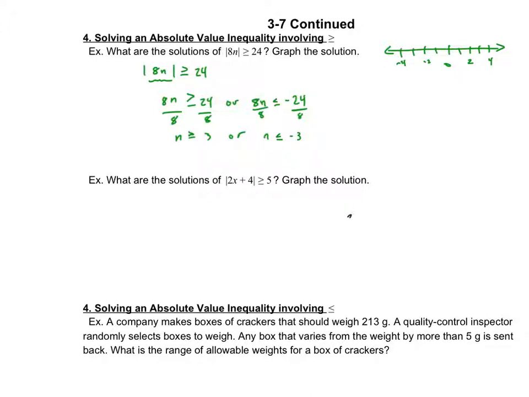Now, when we go to graph that, looking at the first inequality, n is greater than or equal to 3, which on my number line is right there. We are 3 units away from 0, and it is greater than or equal to, so it is going to continue on to positive infinity. The next one is n is less than or equal to negative 3.